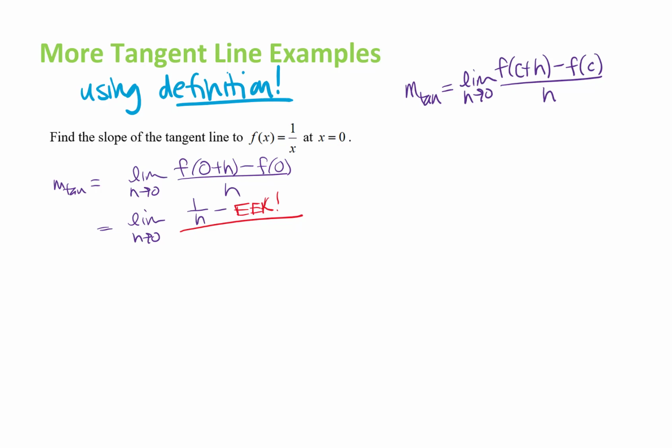In fact, that function doesn't even have a point at x equals 0. So how could it possibly have a tangent line to the graph at x equals 0?